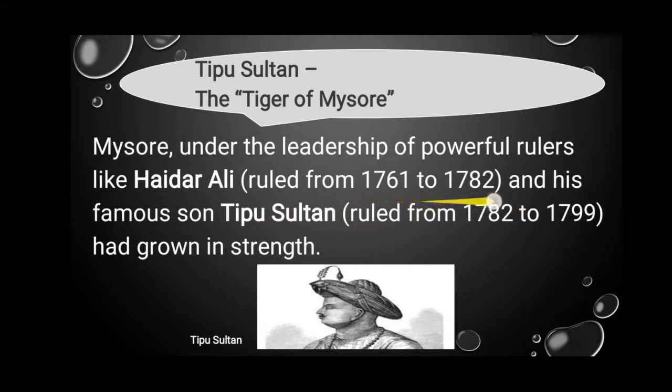After that, his son Tipu Sultan ruled from 1782 to 1799. During that time, Mysore had grown in strength under the control of Hyder Ali and Tipu Sultan.